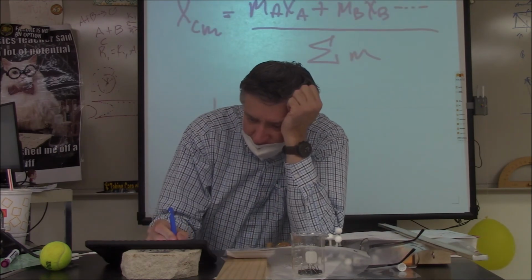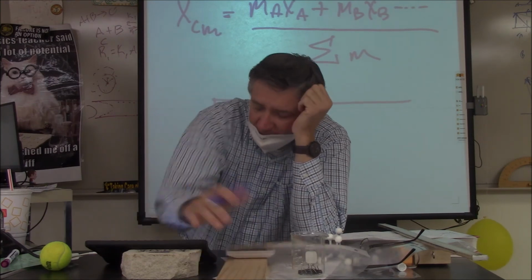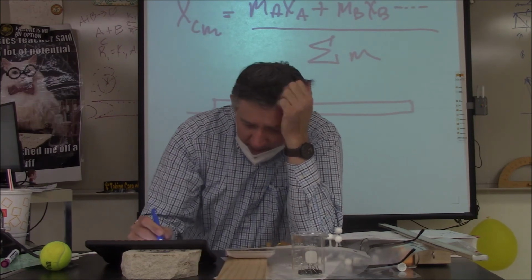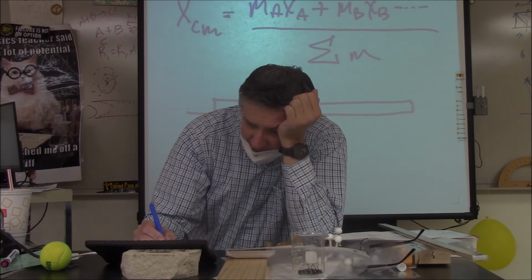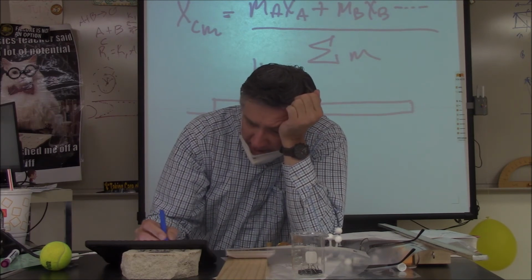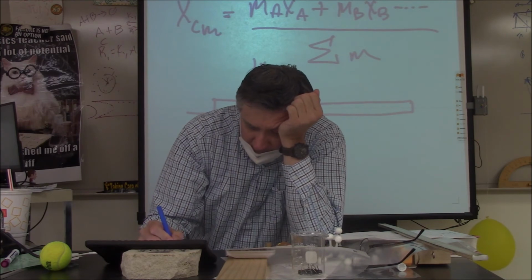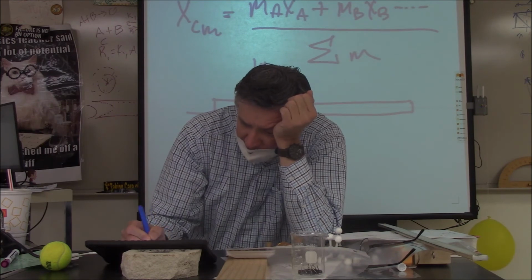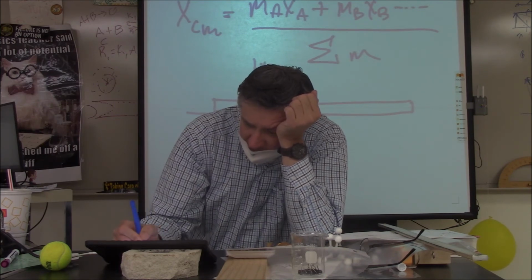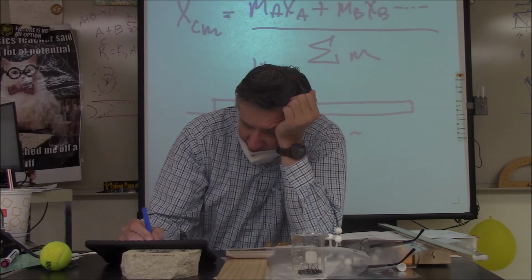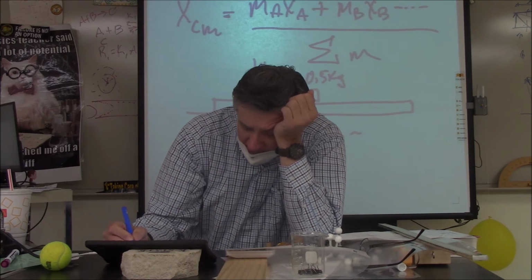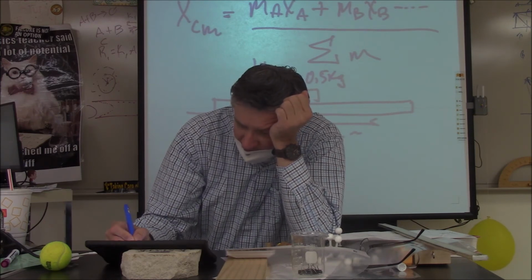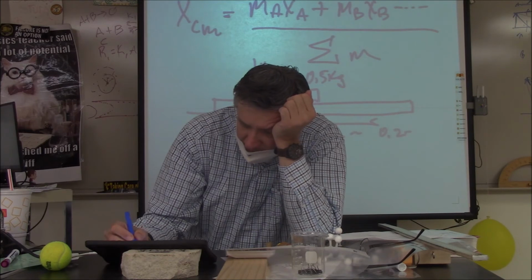So let's say that you have a board, like that, and I'm going to put a 1 kilogram mass 0.2 meters from the edge, and then another 0.2 meters over, I'm going to put a half a kilogram mass, and then another 0.2 meters over, I'm going to put a big massive 5 kilogram mass.